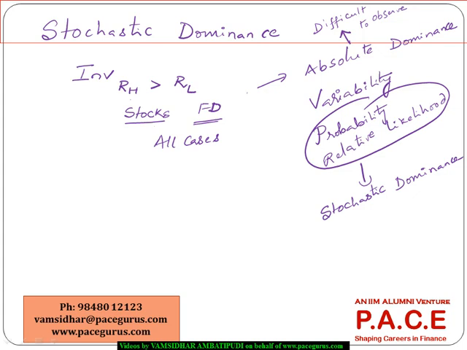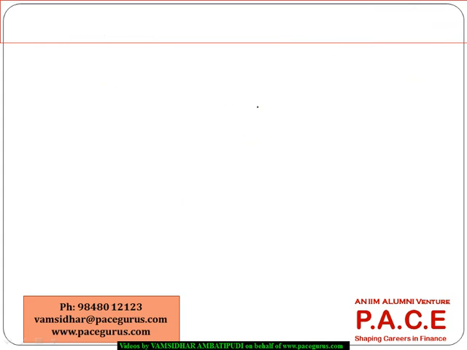So that is where we are looking at the cumulative probabilities. Whenever I am looking at two different investment opportunities, I'll try to compute the cumulative probability distribution functions, and based on them I'll make the decision regarding the dominance. That is what I call the stochastic dominance process.